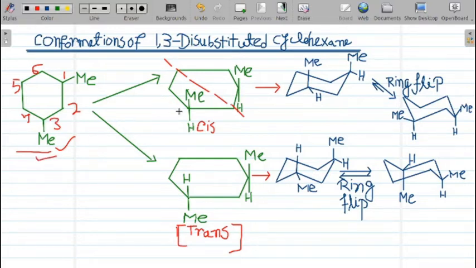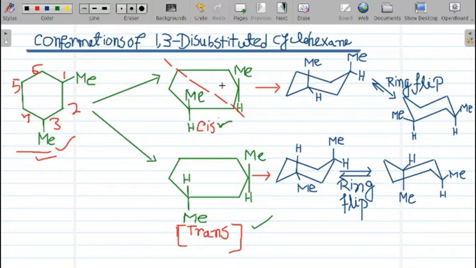Here you can see that there are two conformers present, one is the cis conformer and another is the trans conformer.